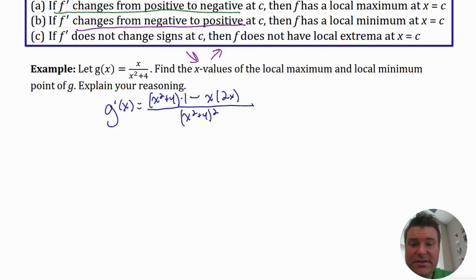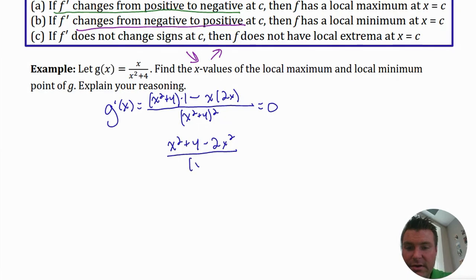I will set this equal to 0. I do need to clean up this top part. I'm going to get x squared plus 4 minus 2x squared, all over x squared plus 4 squared. Set this equal to 0.